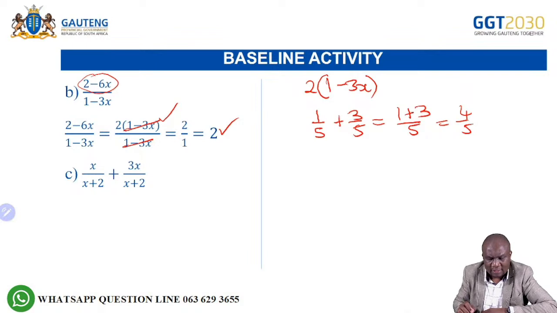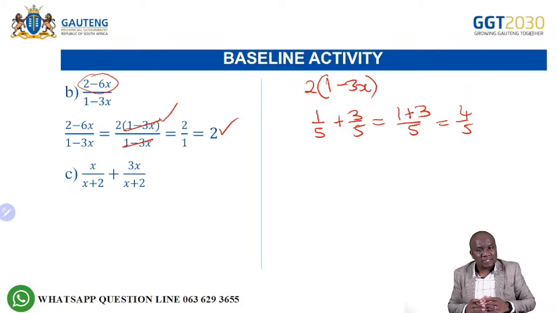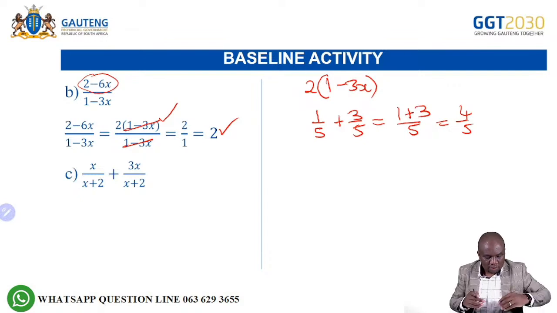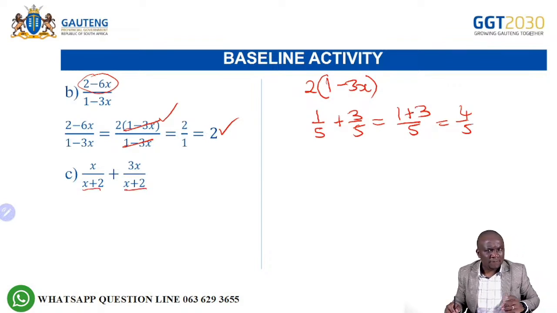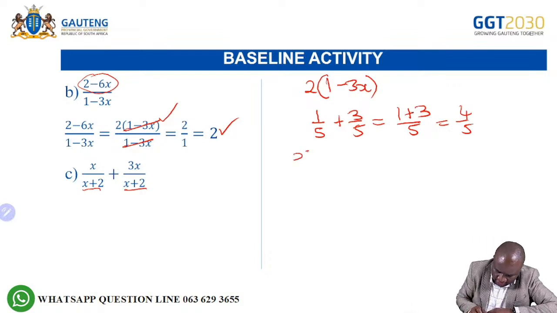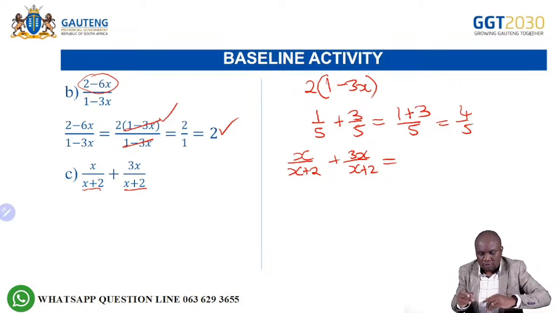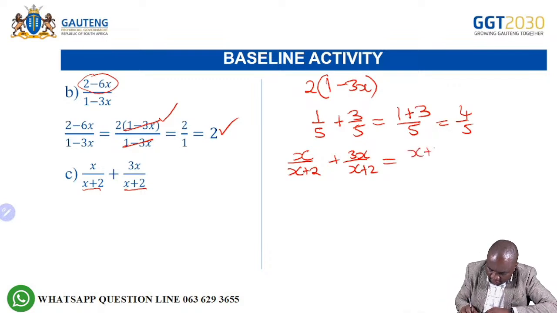Do you see that? So that's why when you're adding fractions, we make sure that the denominators are the same and you're using the lowest common denominator. So if you check here, we have the same denominator, which is x plus 2. So what do we do? X over x plus 2 plus 3x over x plus 2 is equal to, we add the numerators, x plus 3x over x plus 2.